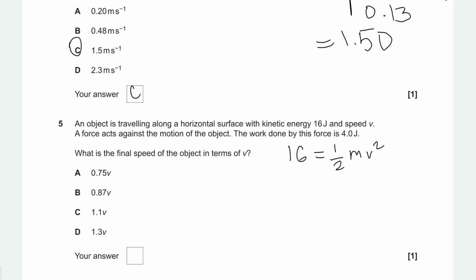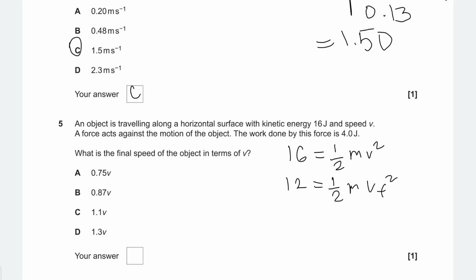Okay, so the work done by this force is 4 joules. This means that there will be a change of energy which will be given by that amount. So this means that our final energy is going to be 12, and this will be given by a half mv final squared.